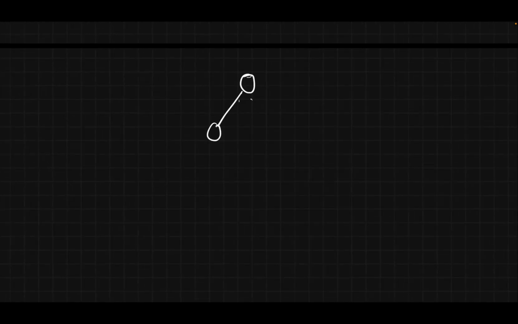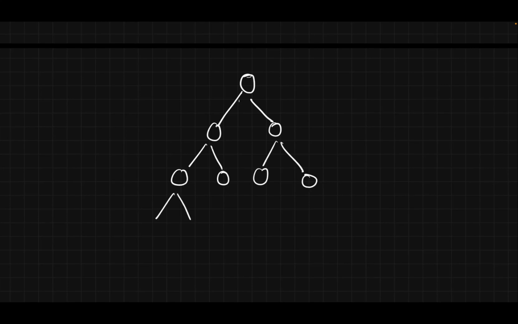So this is an example circuit. Let's say the input is 1, 2, 3, 4, 5, 6, 7, 8. And then the operations are plus, plus, plus, times, plus, plus.